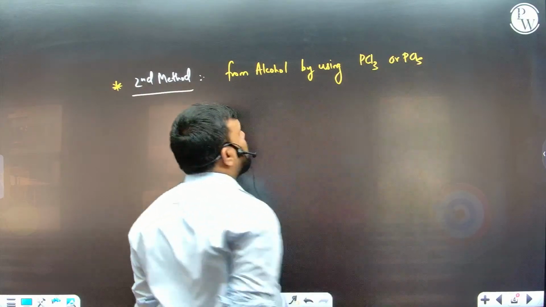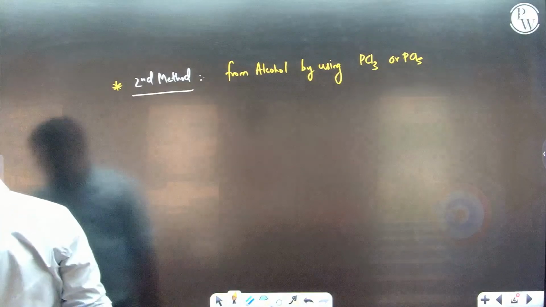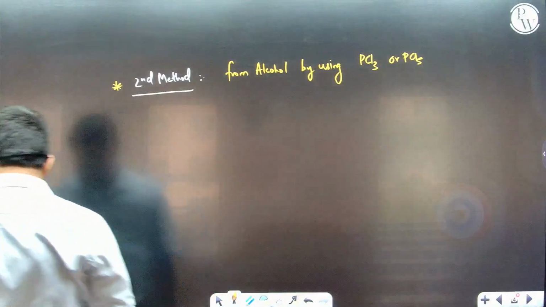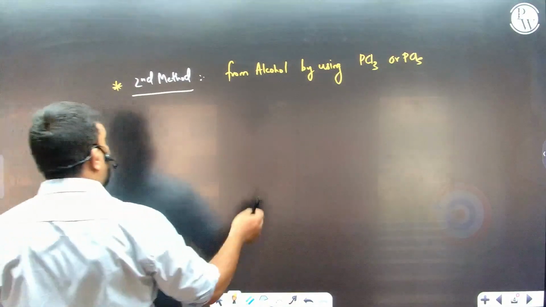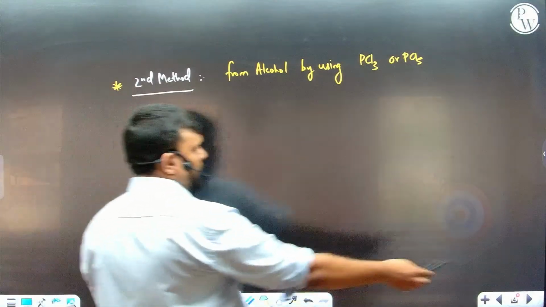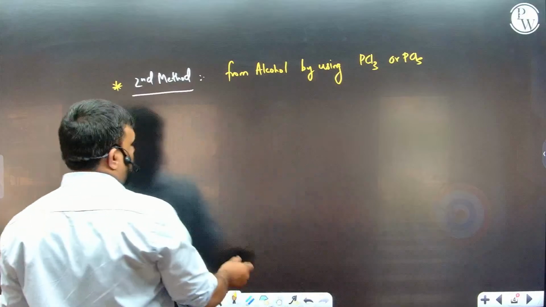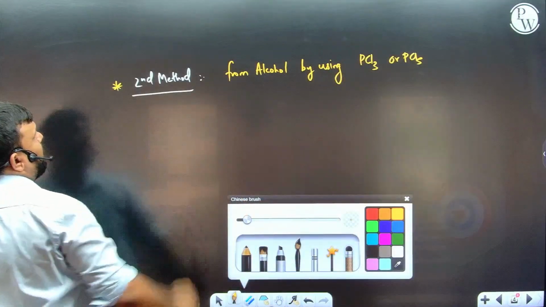For bromination you can use PBr3 or PBr5. Okay, are you getting it? So now we have the second method.